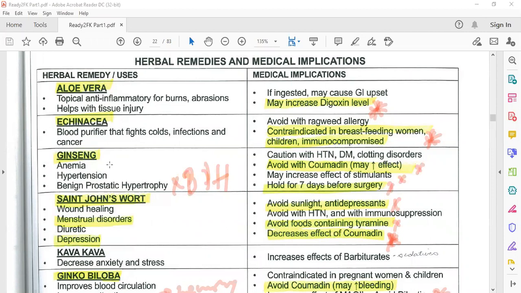But most people use ginseng for benign prostatic hyperplasia, meaning prostate gland enlargement.